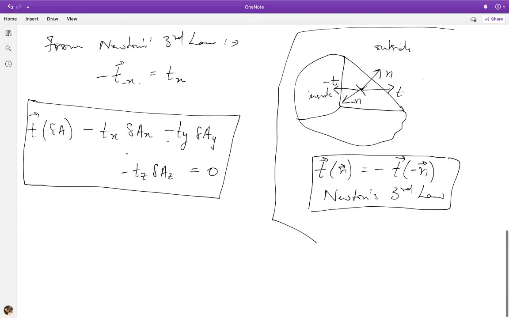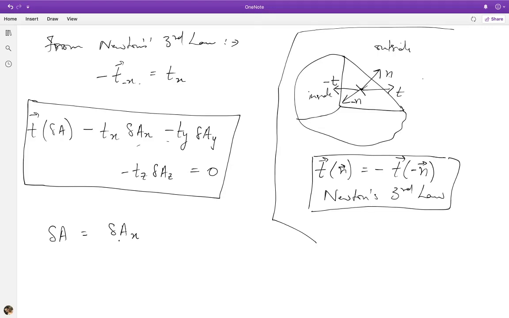Okay, so the next step, in order to get a complete formula, is to somehow relate the areas delta Ax, delta Ay, delta Az to delta A. And that's simple because delta A is related to delta Ax by simply being projected.